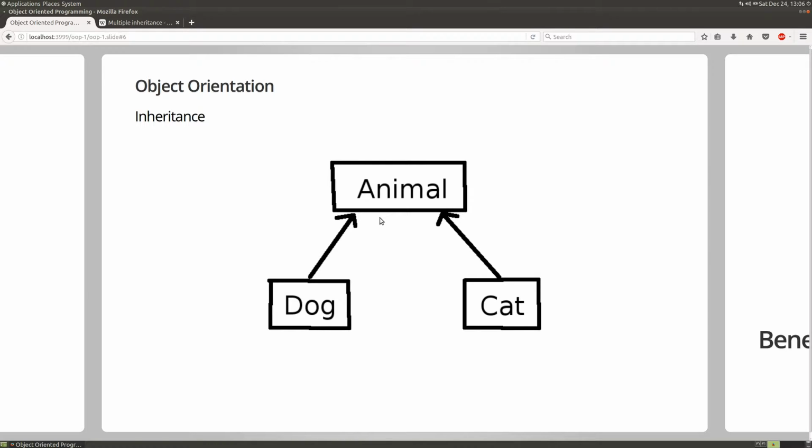We could iterate through our list of animals, and depending on whether it's a dog or a cat, the compiler will be able to figure out which method to call, whether it should be the dog speak method or the cat's speak method based on the inheritance of the superclass. And there are whole videos and materials talking about polymorphism, but that is essentially the idea.